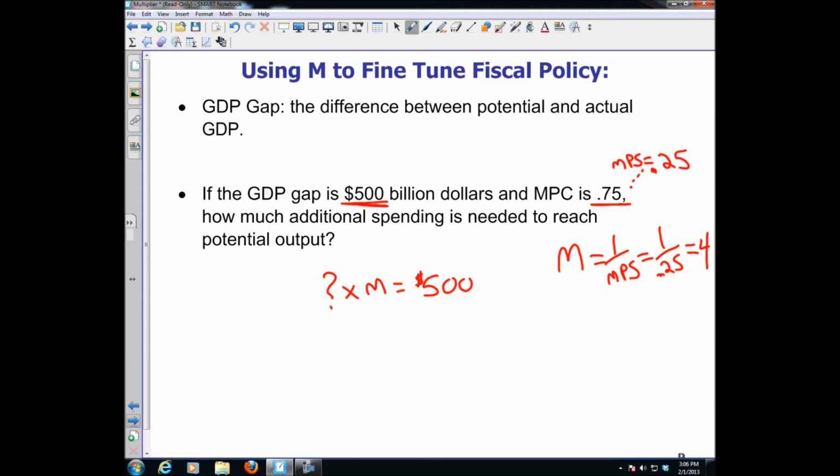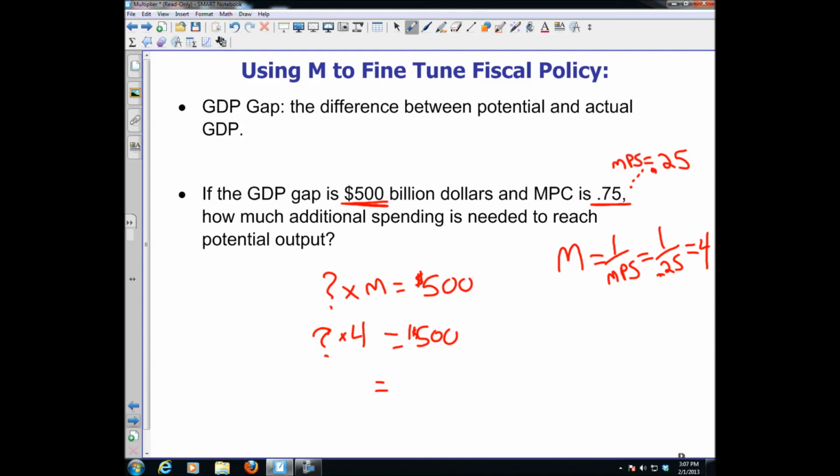So we know that for every dollar we spend, there's a total of $4 change in aggregate demand. So the multiplier is 4 times that mystery number equals 500. At that point, it's just a matter of solving for x in this case.